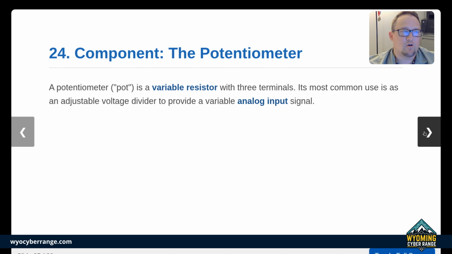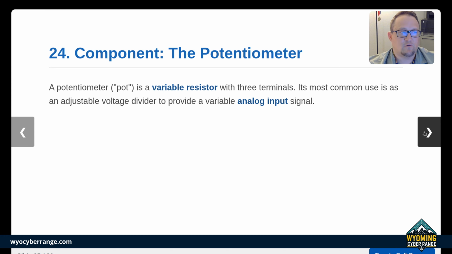We can use things called potentiometers. Potentiometer is just a fancy term for a variable resistor. Now you use potentiometers every day. The volume knob in your car is a potentiometer. It controls the resistance through a wire so that it can turn the volume of your stereo up or down.